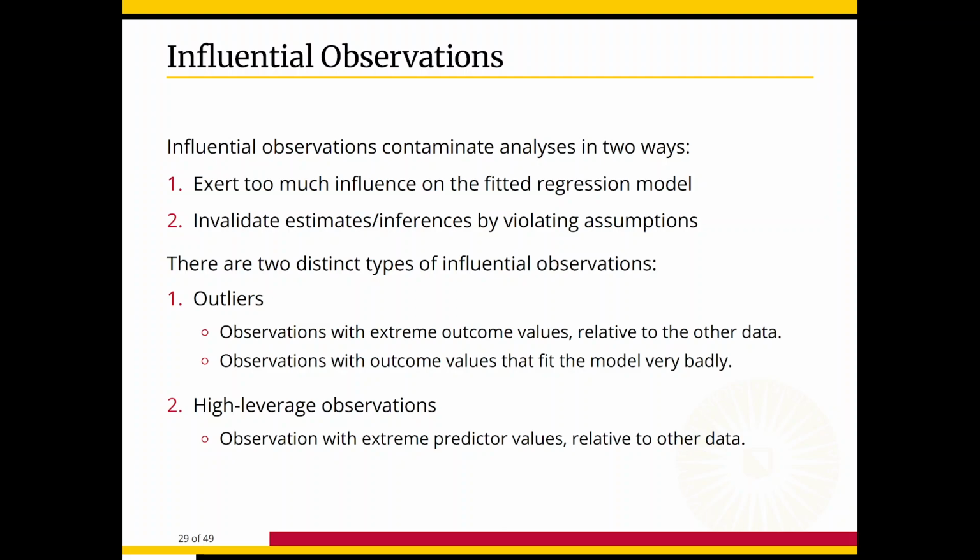And we can break these into kind of two distinct flavors of a problem: outliers and high leverage observations. So an outlier is a case that has an extreme Y value, an extreme outcome value. So their value of the dependent variable is very unusual relative to the rest of the data.